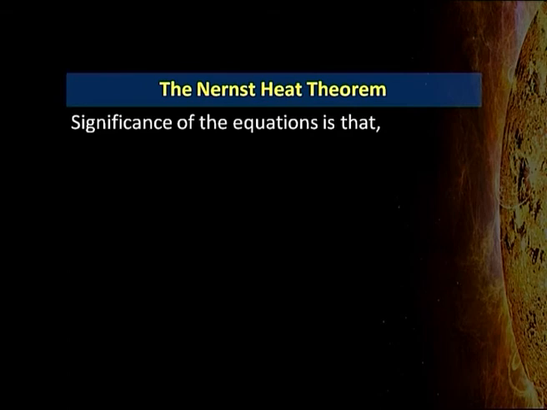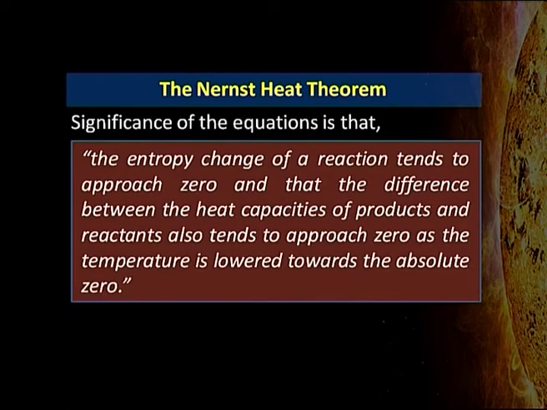Now, the significance of these equations is that the entropy change of a reaction tends to approach 0, and that the difference between the heat capacities of the products and reactants also tends to approach 0 as the temperature is lowered towards absolute 0. The Nernst heat theorem holds good only in the case of solids.